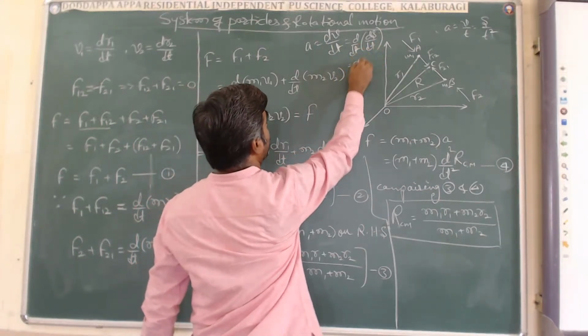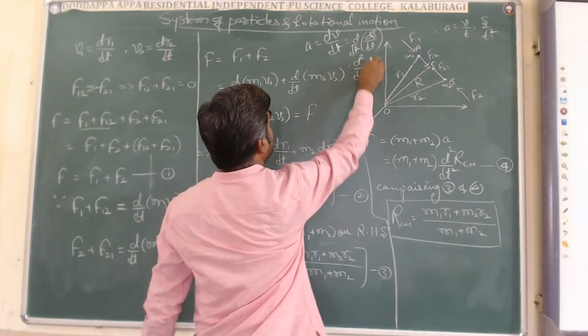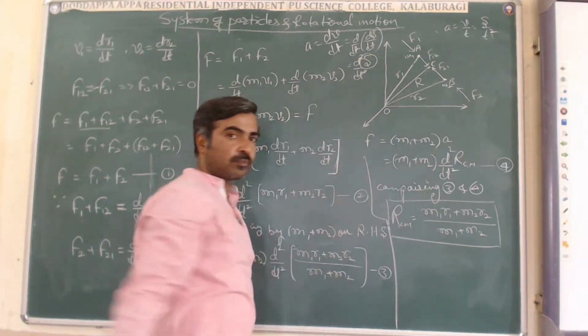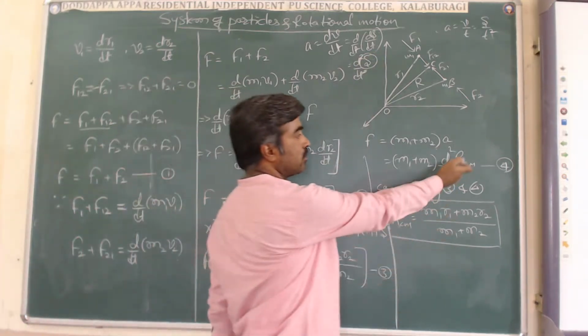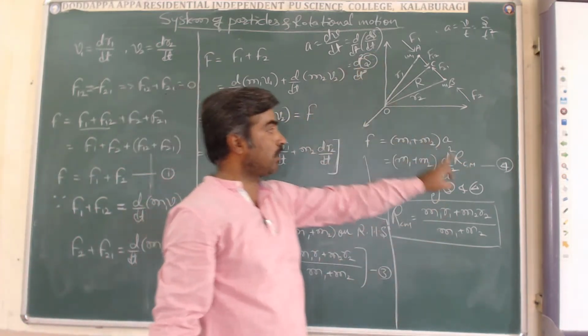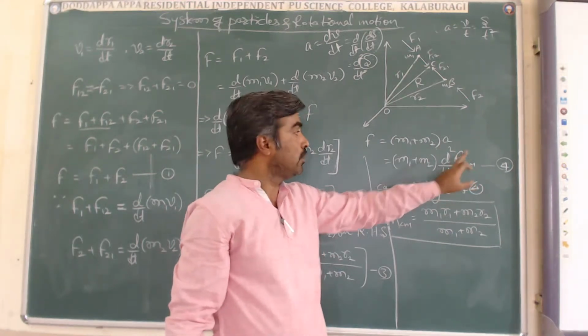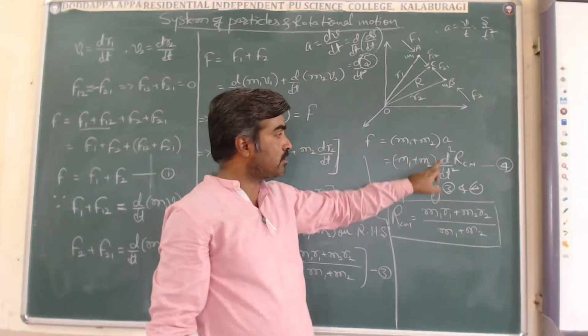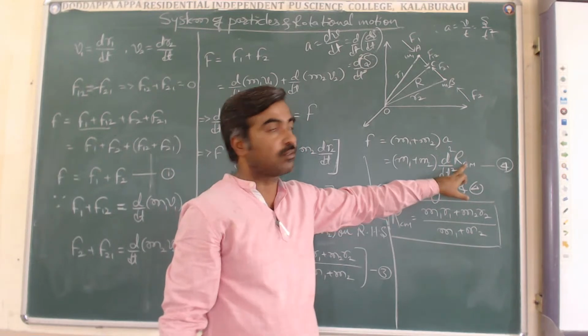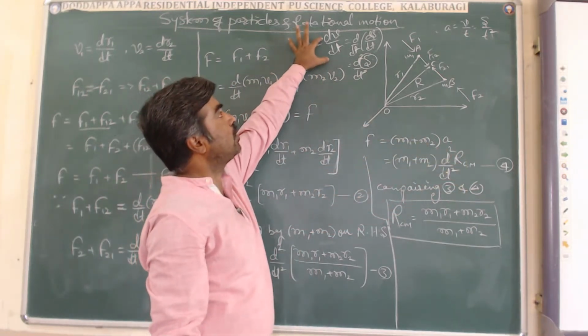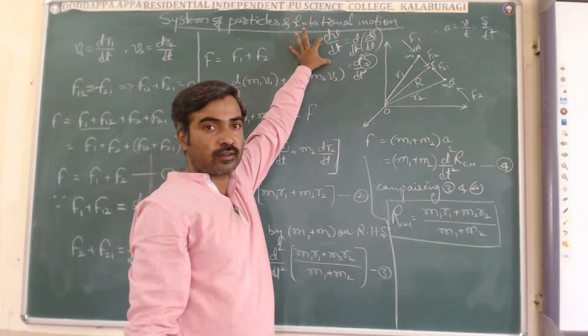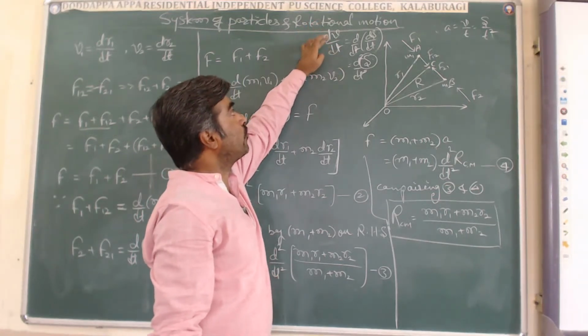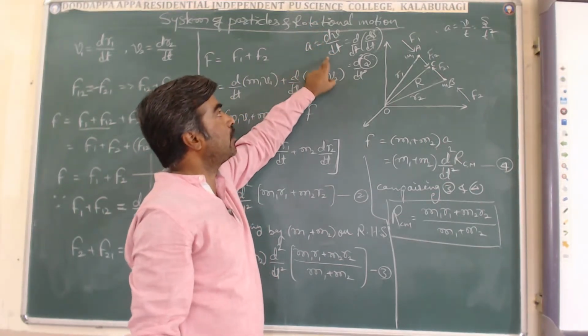Hence together we can write d square by dt square of s, the displacement or position. So instead of s we have taken r here. So acceleration can be written as the double differentiation of position. That is, A equals dv by dt according to the definition of acceleration, the rate of change of velocity.